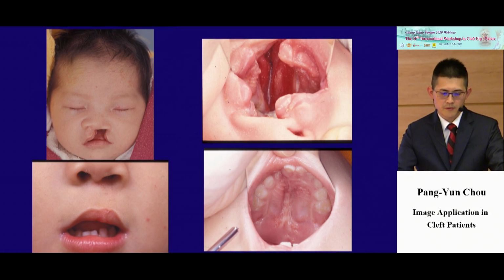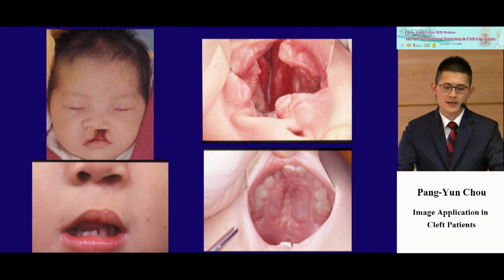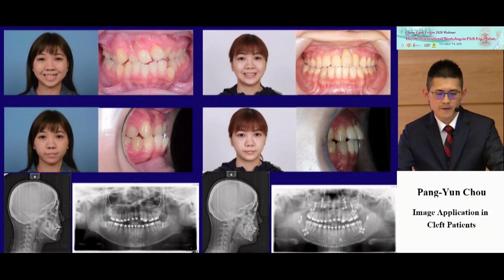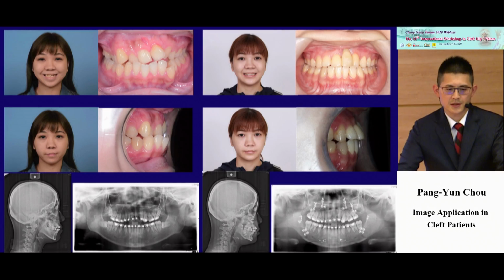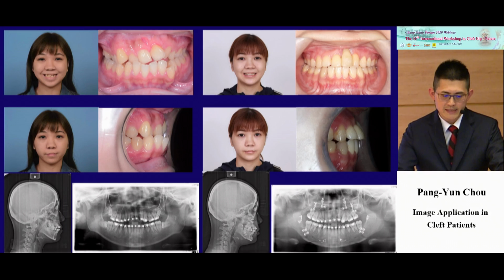For example, we can deliver a good lip repair, and we can repair the palate defect as well. And finally, the patient can come to correct the final occlusal deformity, and the orthognathic surgery or finally the rhinoplasty could be delivered to have a better aesthetic outcome.